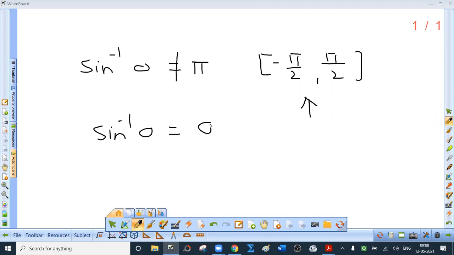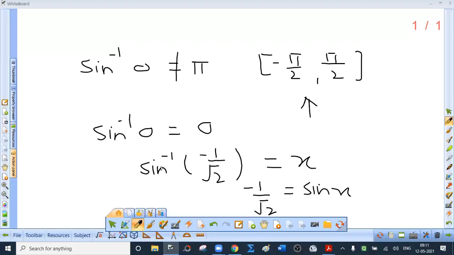Now from this, can you tell me what will be sine inverse minus 1 by root 2? Type your answer in the chat box. My question is, what will be sine inverse minus 1 upon root 2? Some students are saying 225 degrees, etc. Basically, the answer should be given in terms of radians, but anyway, an angle in degrees can be converted to radians.